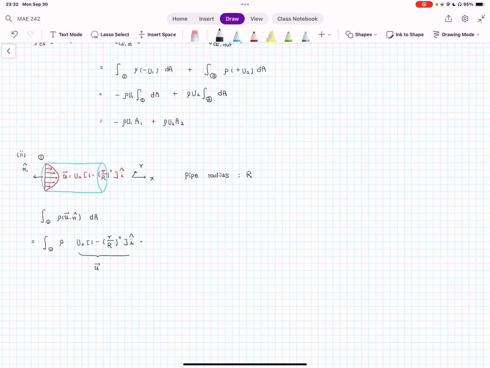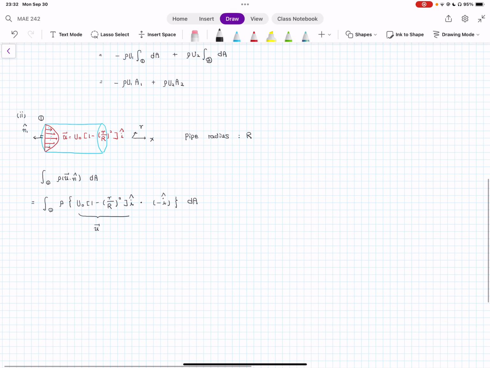But this n1 vector, the outer unit normal vector on the surface 1, is actually minus i because it's pointing in the negative x direction. So then I have this curly bracket and dA, and this is n1 hat.